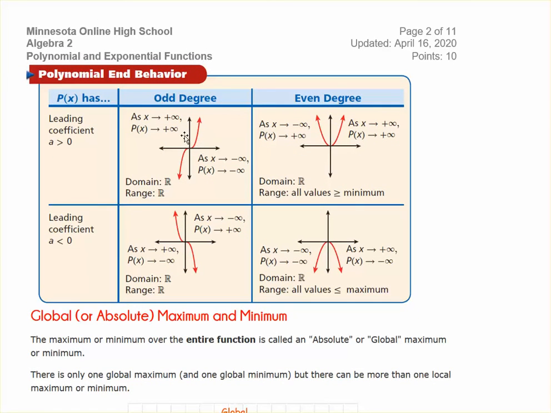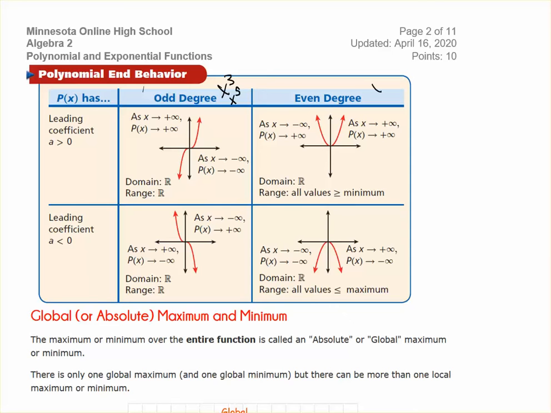Polynomial functions are one of the few functions that you can determine the end behavior without looking at the graph. You can look at the leading coefficient a, and you can look at whether it has an odd degree or an even degree. So an odd degree would be like x to the third power, x to the fifth power.